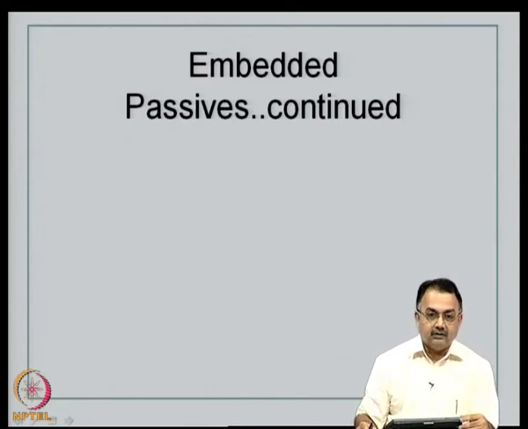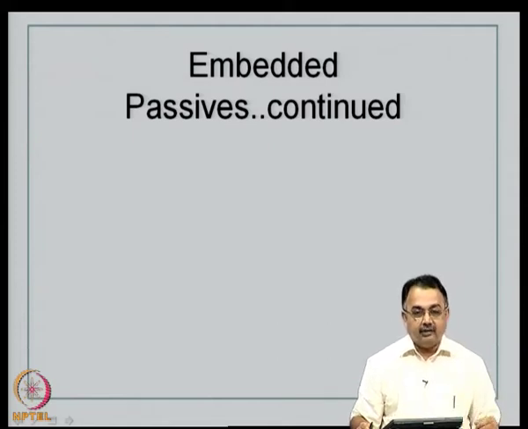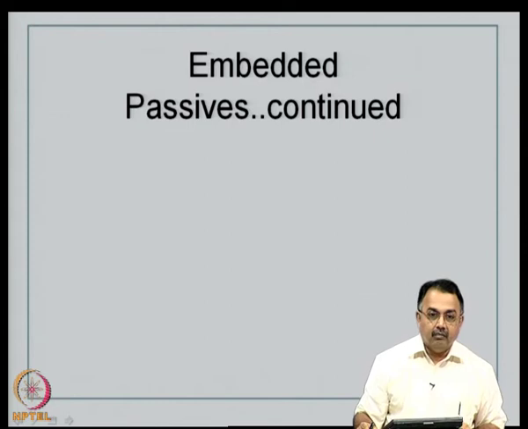And as far as industry is concerned, as I have mentioned in the last lecture, people are still working with new designs on how to create embedded passives, that is embedded resistors, embedded capacitors and embedded inductors, into their design.